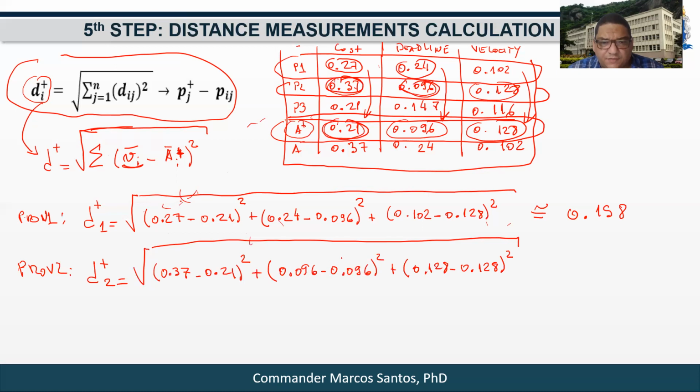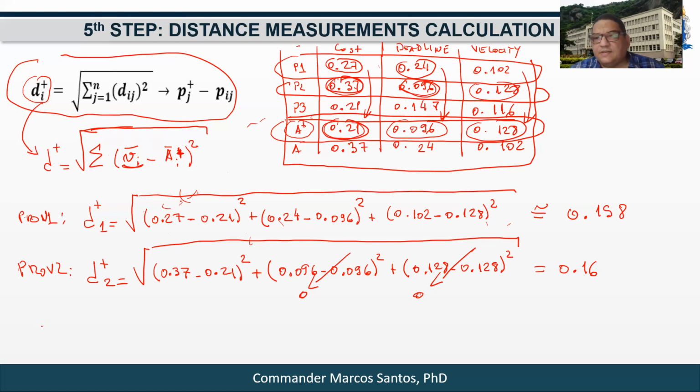Look at here, we have 0, and here I'm gonna take 0. So I have 0.16.